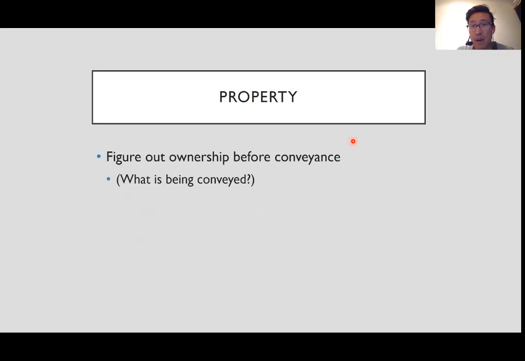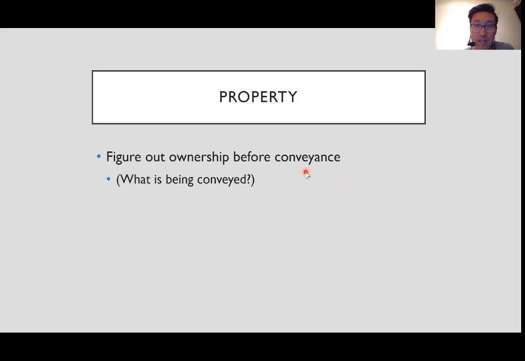On property, it depends on what kind of property questions you have, but if they're mixing ownership and conveyance, you may want to figure out different conveyance in the sense of wills.